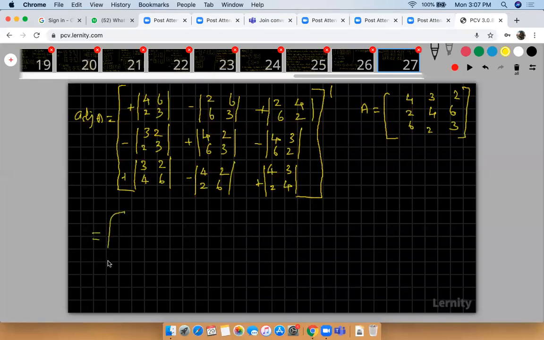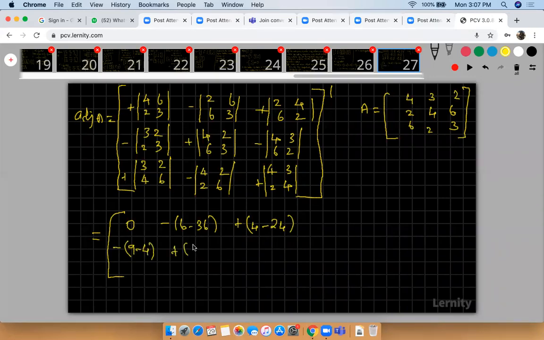Simplify that. So here this is 4 3s are 12 minus 12. So therefore this is 0. And come to that, this is 2 into 3 is 6 minus 36. So therefore this is minus half 6 minus 36. This is plus half 4 minus 24. This is minus half 9 minus 4.